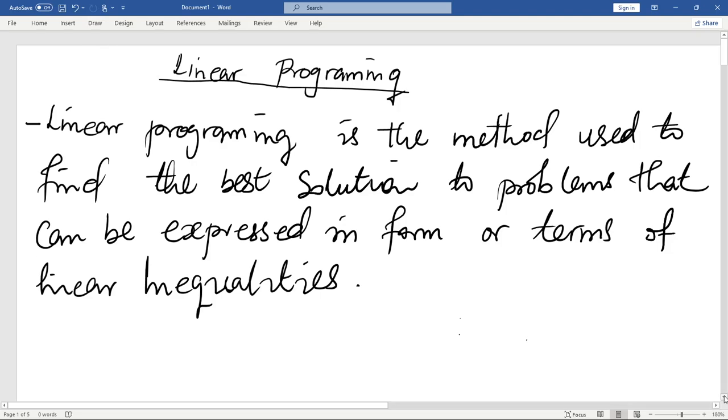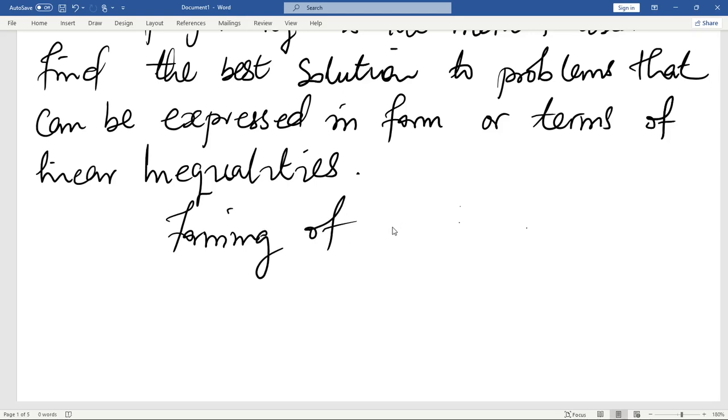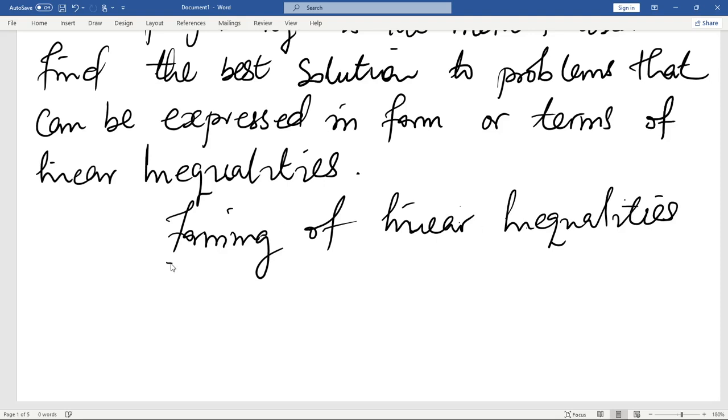So now, forming of linear inequalities. I'll put a small subtitle here: forming of linear inequalities. Okay, so now there are some terms that describe symbols for linear inequality.